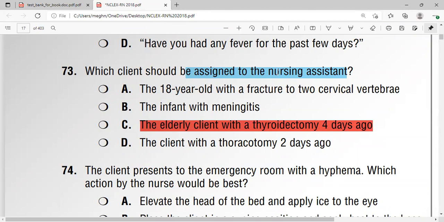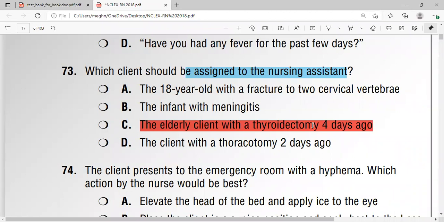You can't assign a nursing assistant for them. The infant with meningitis, no, right? The client with a thoracotomy 2 days ago is a little bit stable, but this is the most stable patient.